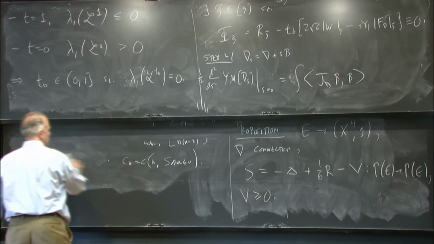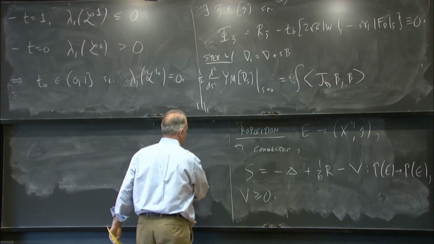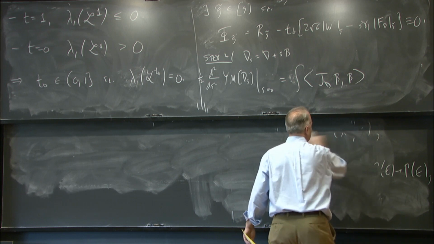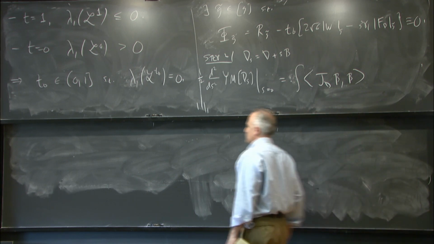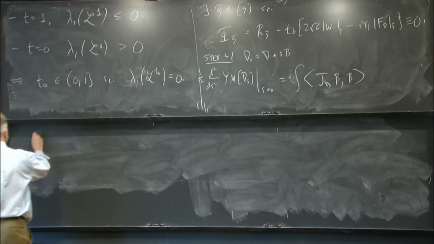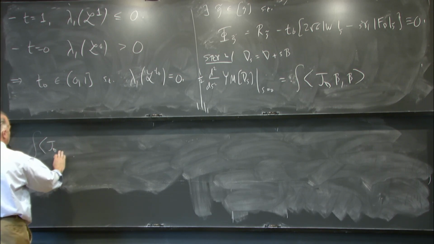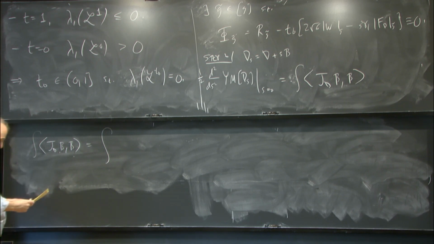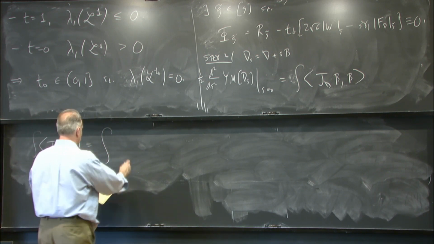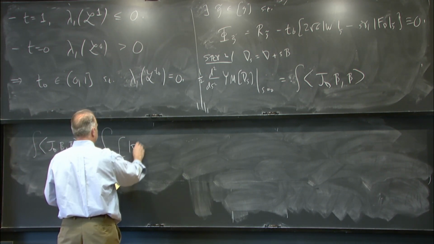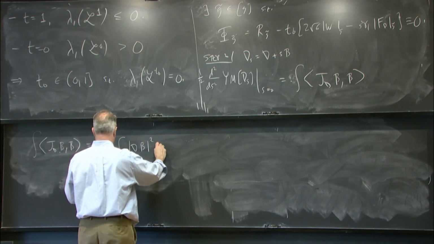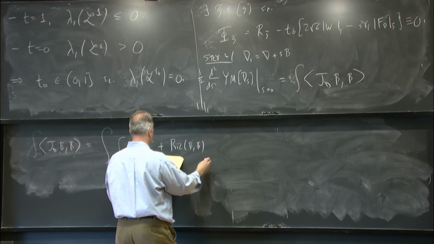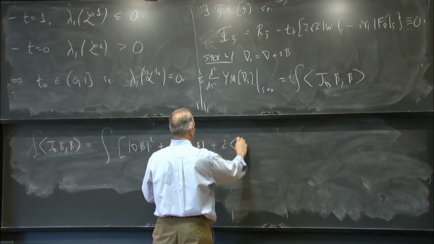So I want to write the index form out again. So to remind you of the formula, if you integrate that rough Laplacian term, you get this, all right, plus the Ricci tensor of the base acting on the 1 form, plus this bracket term.